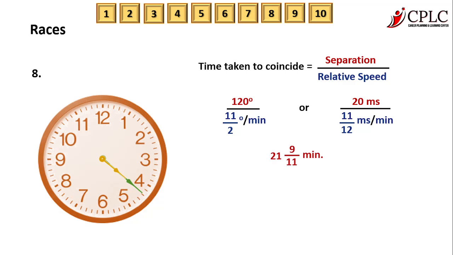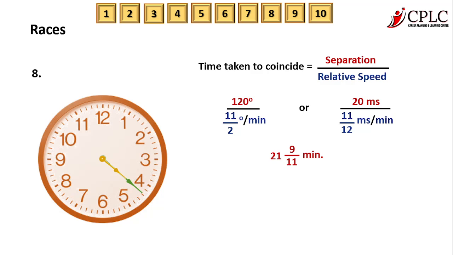Now there is a small trouble here. The answer is required in hours, minutes and seconds format, whereas we do not have the answers in seconds format. And there are two answer options with 21 minutes. So we'll have to convert this 9 by 11 minutes into seconds.